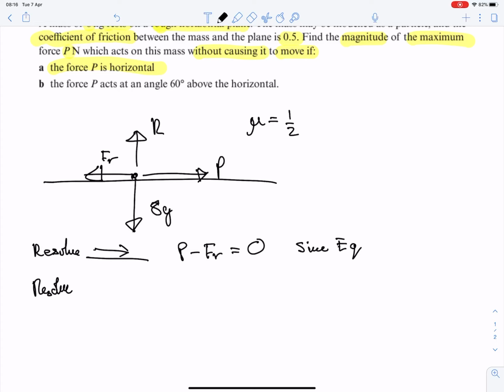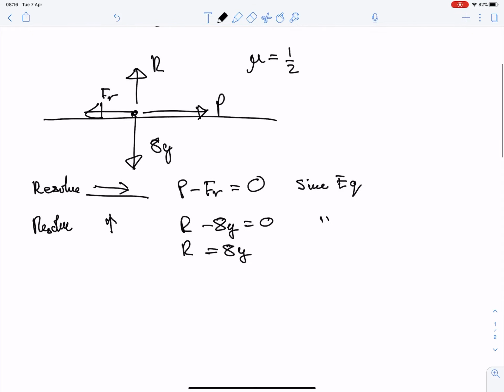Resolve vertically. R minus 8g equals 0 since equilibrium, so R equals 8g. On point of slipping, so friction is equal to mu R, and now we can substitute in from above.